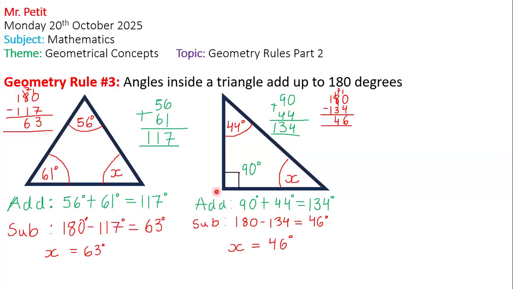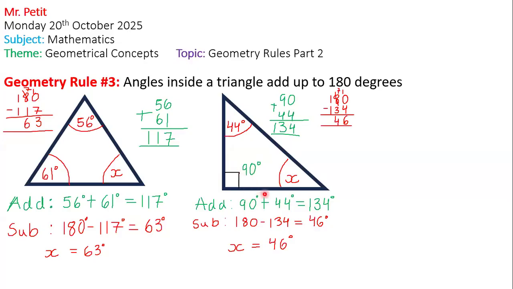What's the first thing that we did? We add. 90 plus 44 equals 134. Now, where do we get the 90 from? How do we know it was 90? The box. Very good. What does the box mean? The box means 90 degrees, right? Good.